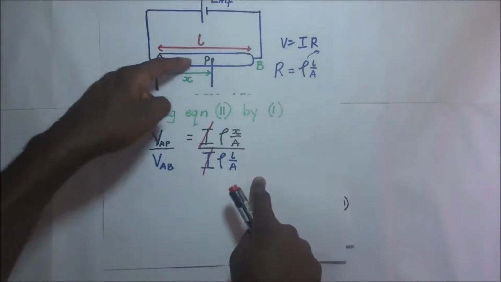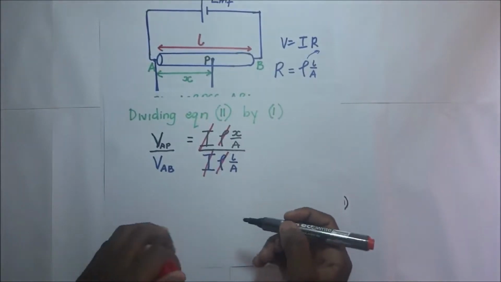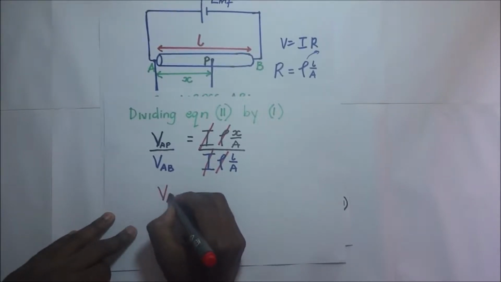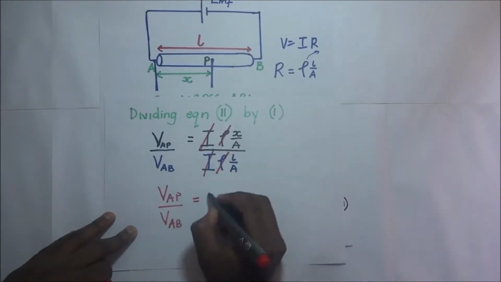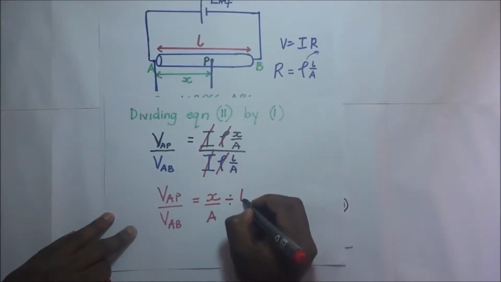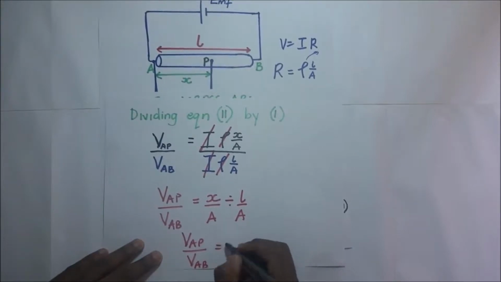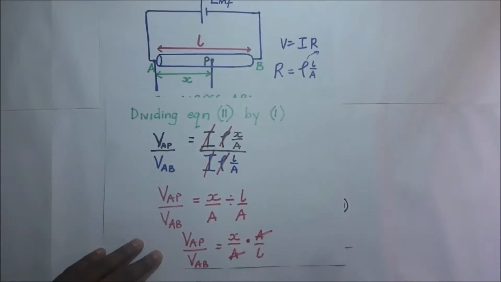We are dealing with the same wire, so it has the same resistivity, and the resistivities will also cancel out. Then this becomes VAP over the potential difference across VAB equal to X over A divided by L over A. Of course, this ends up being VAP over VAB giving X over A times the reciprocal, A over L. This A and that A will cancel.